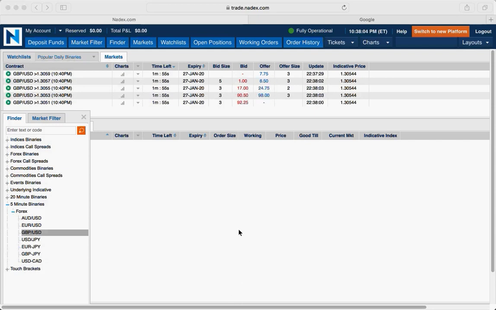$10.15. Was there a video for the 10.15 on the pound?